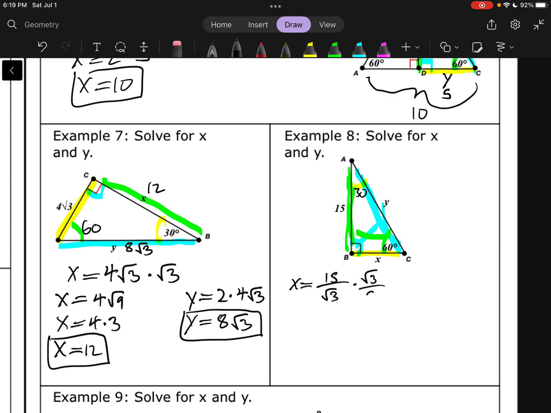Don't like the root 3 on the bottom. So 15 times root 3 is 15 root 3. Root 3 times root 3 is root 9. Root 9 is 3. So x should be 5 root 3 when I divide that 15 by 3.